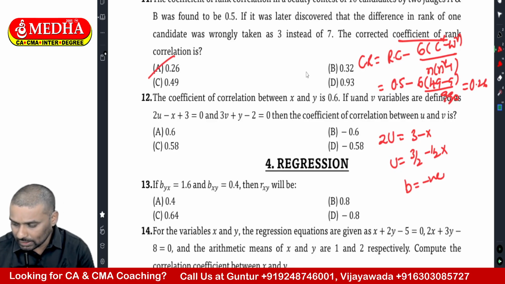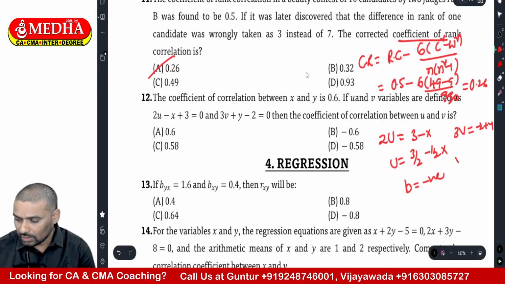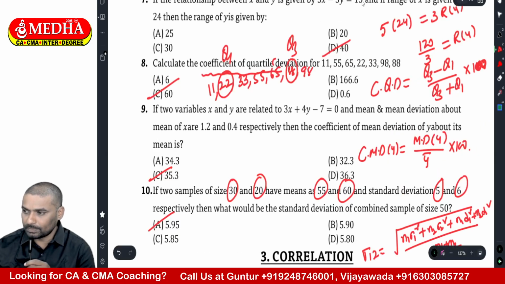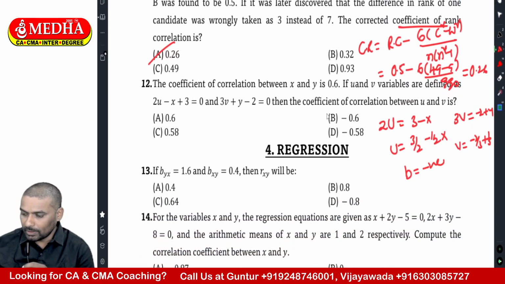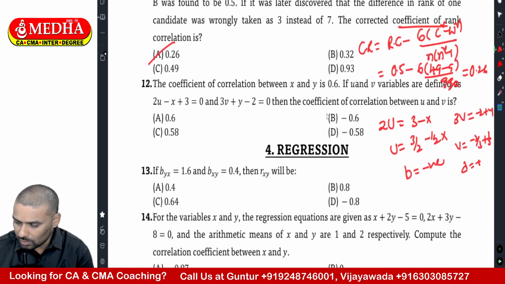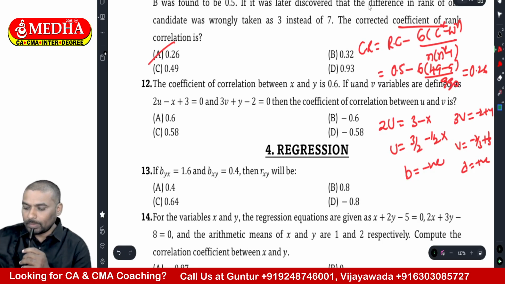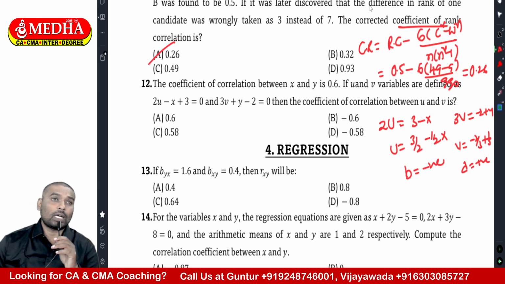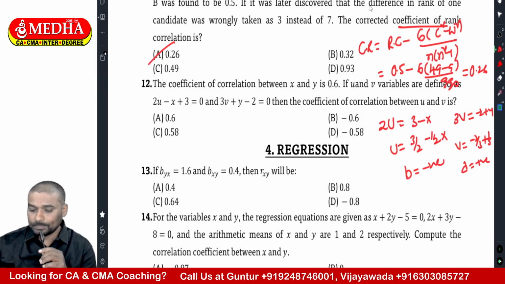And the second one is 3v is equal to minus 2 plus y, and v is equal to minus 2 by 3 plus 1 by 3 y. The sign of d is positive. Both are having opposite signs. If both are having opposite signs, then r of uv is equal to minus r of x comma y. That's why the answer is minus 0.6.